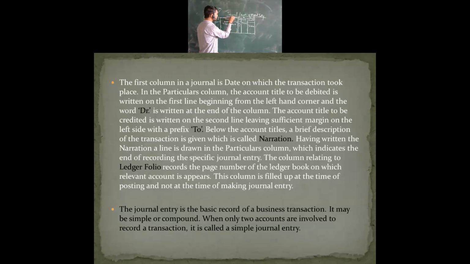While you are passing this journal entry, you are not going to fill this. So even this point you have to remember. What is the ledger folio? If anyone asks, you need to remember this point. You can note down this point. Whatever I have highlighted with black font is the important part here.